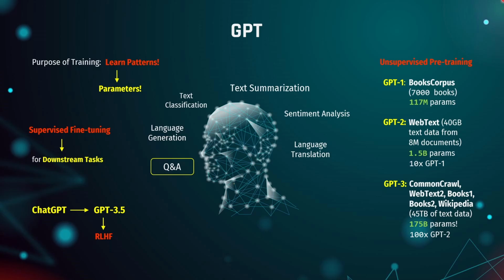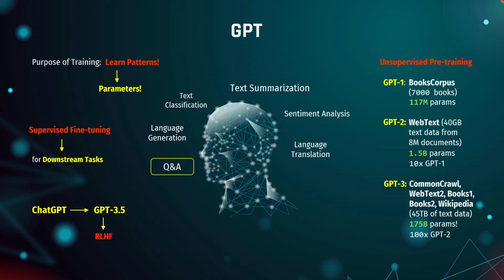So there you go, what we learned is that our GPT models, at the first stage of training, have to generalize their knowledge. They have to have a good understanding of all the given tasks, be it question answering, language generation, summarization, or translation, right? You name it.